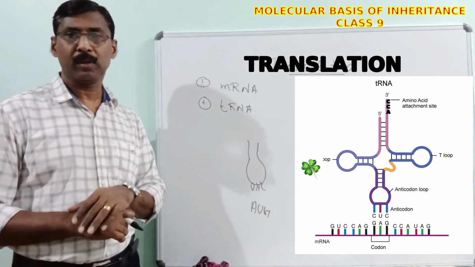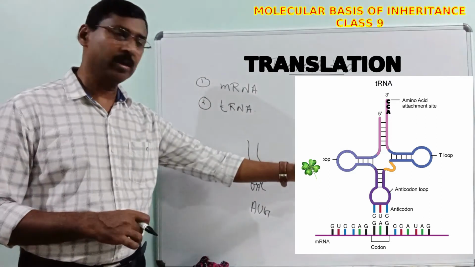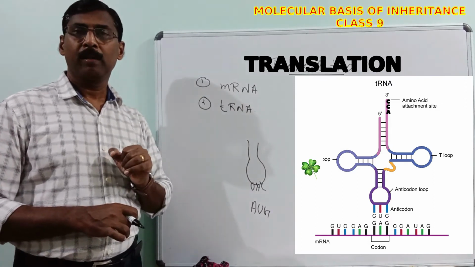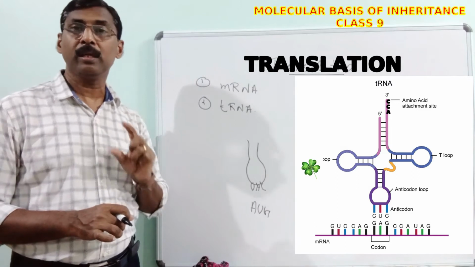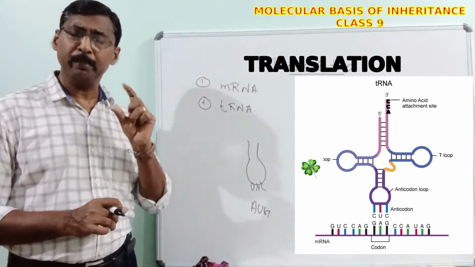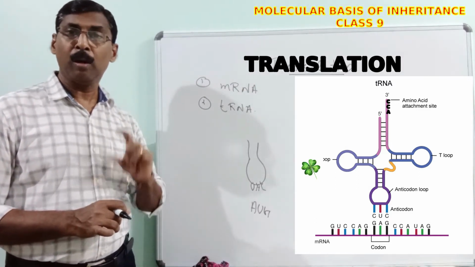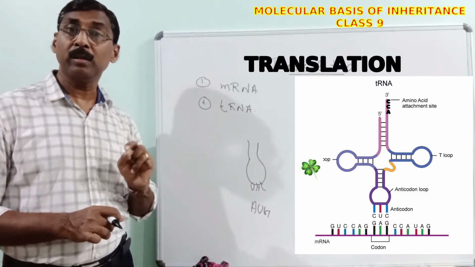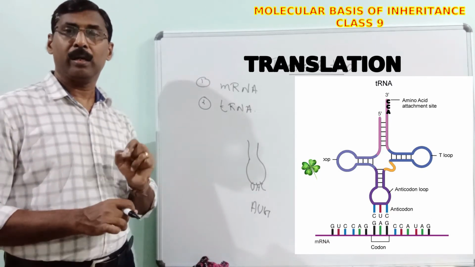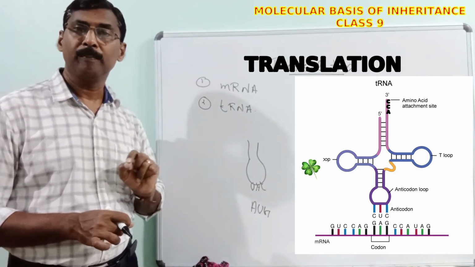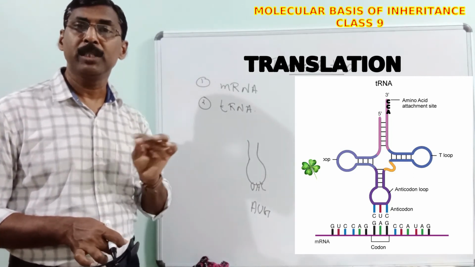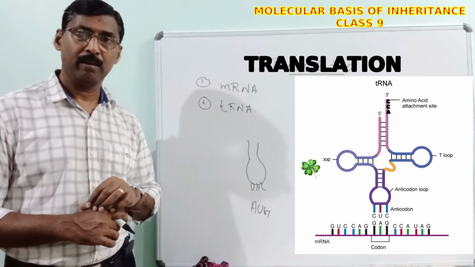So that is the function of the anticodon arm, which bears bases complementary to the codons of the messenger RNA, so that during translation it can make a temporary base pairing.